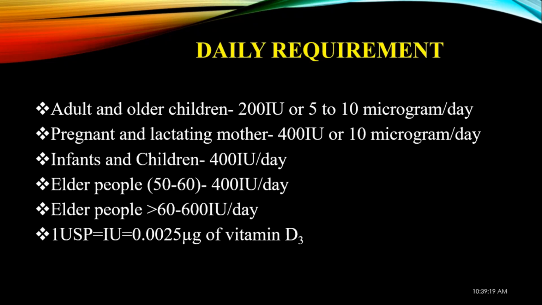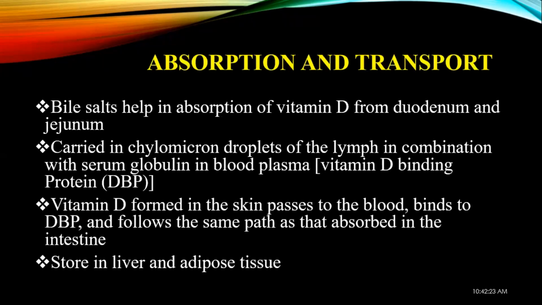As age gradually increases, in elderly people the rate of absorption of vitamin D3 is diminished, so we should supply more vitamin D in elderly ages. Now, absorption and transport. We know that vitamin D is a fat soluble vitamin, and when present in food it is bound with a fatty acid to form a vitamin D ester.